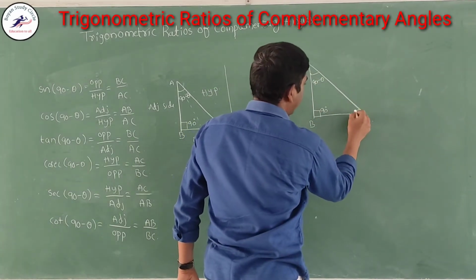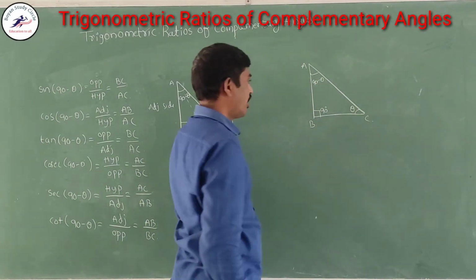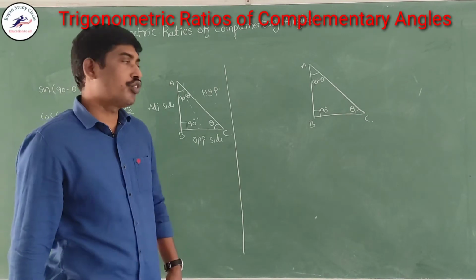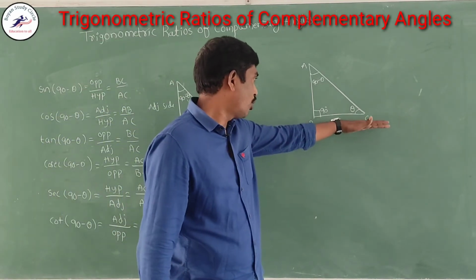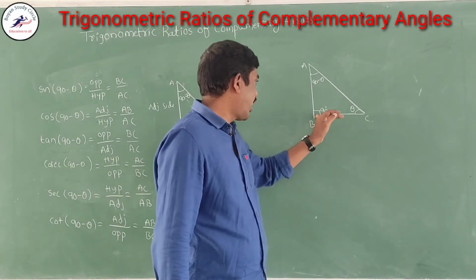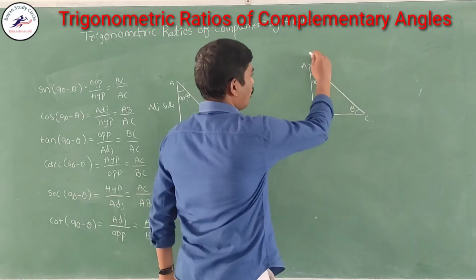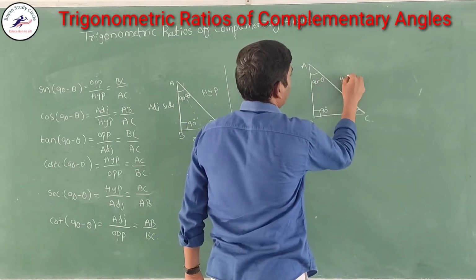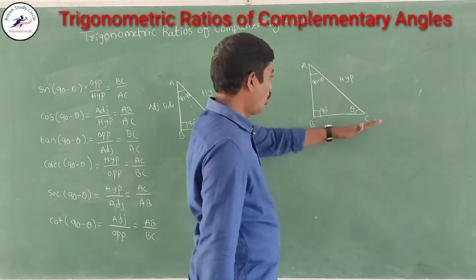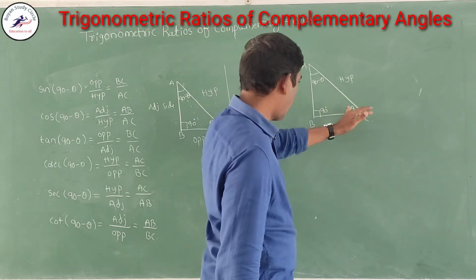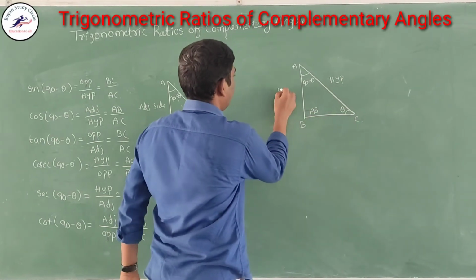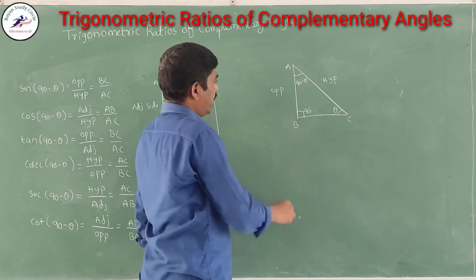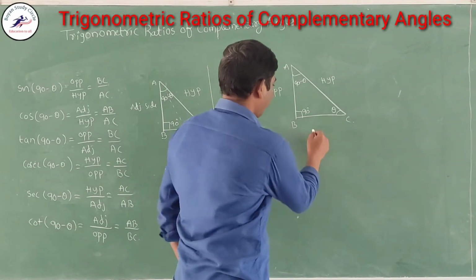So here angle C is theta. Now we are going to find the ratios for C. Every time the side opposite to 90 degrees is the hypotenuse. So AC is the hypotenuse. Basing on C, the side opposite to theta is the opposite side. Next, the remaining one is the adjacent side.